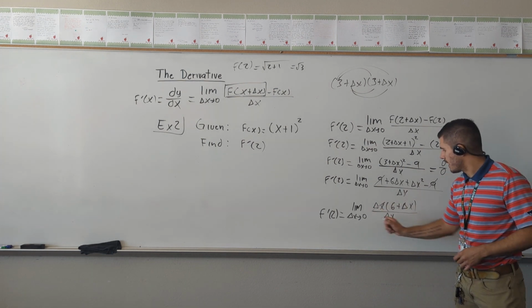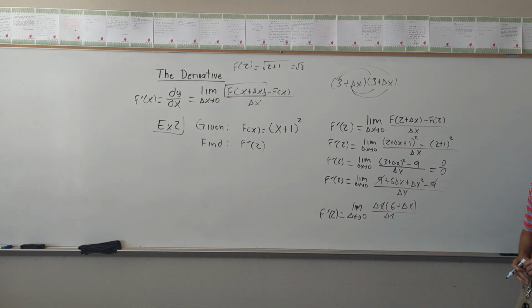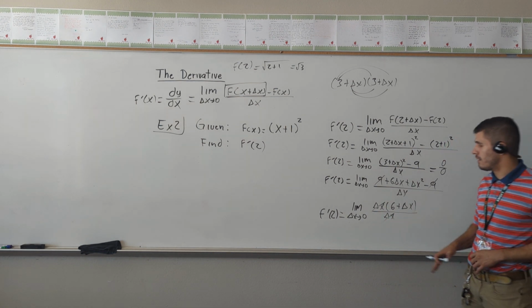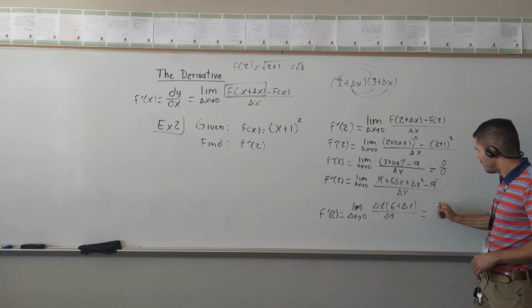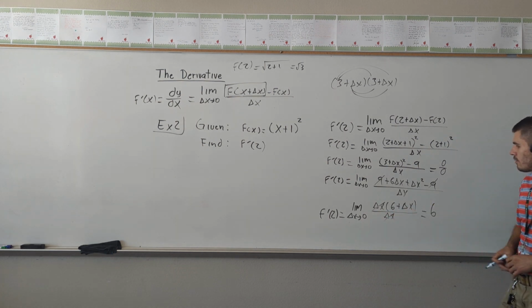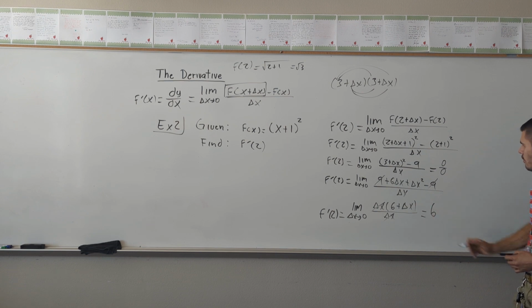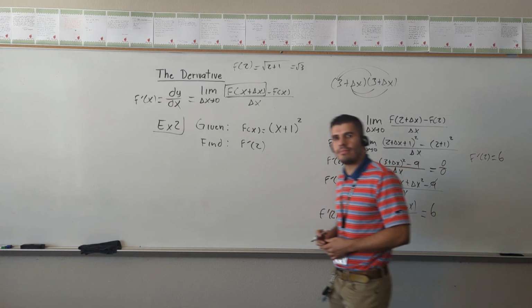These delta x's can cancel out. I'm essentially just going to take the limit now. The limit as delta x approaches 0 of 6 is just 6. Plugging 0 in for delta x gives me 0. So now I've figured out that the slope evaluated at 2 is 6.